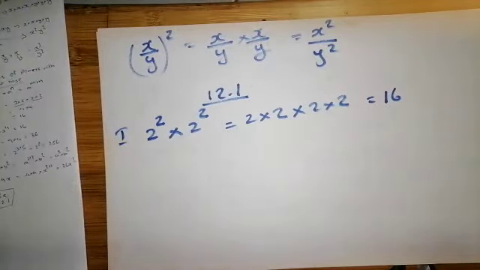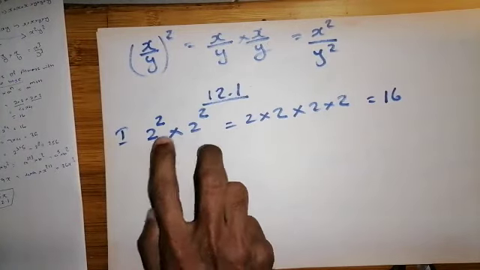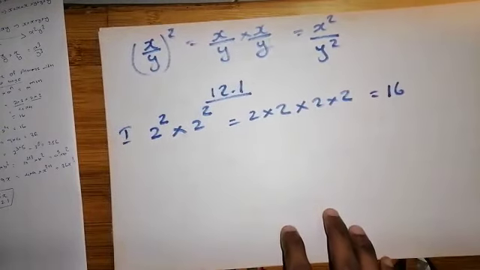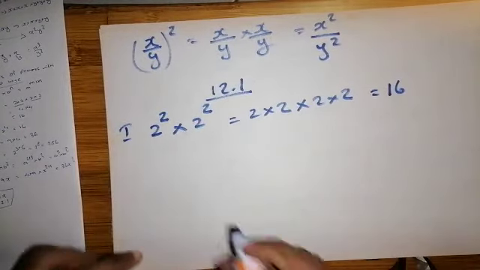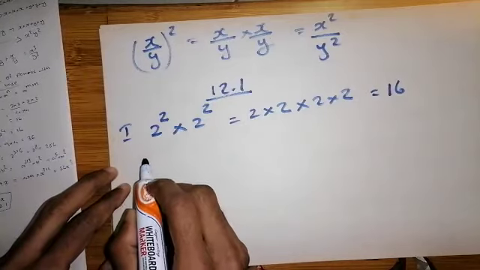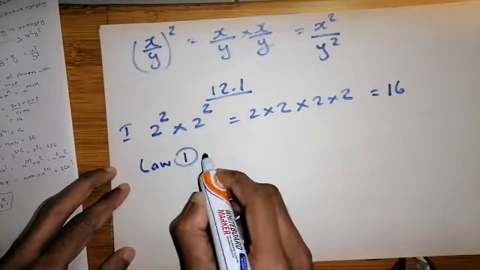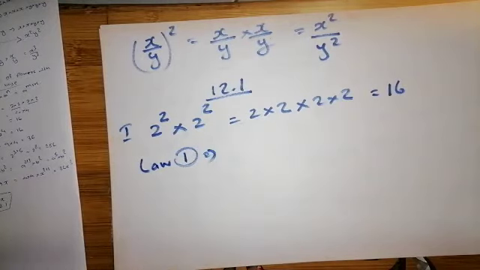How do we multiply power forms with the same base? First we understand the law we use in this section. Write it as law 1, the first law of index. There are 5 laws.